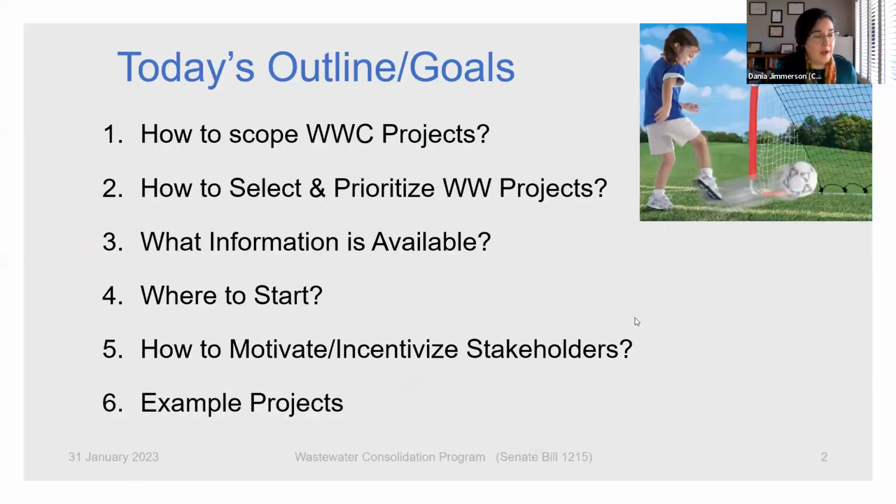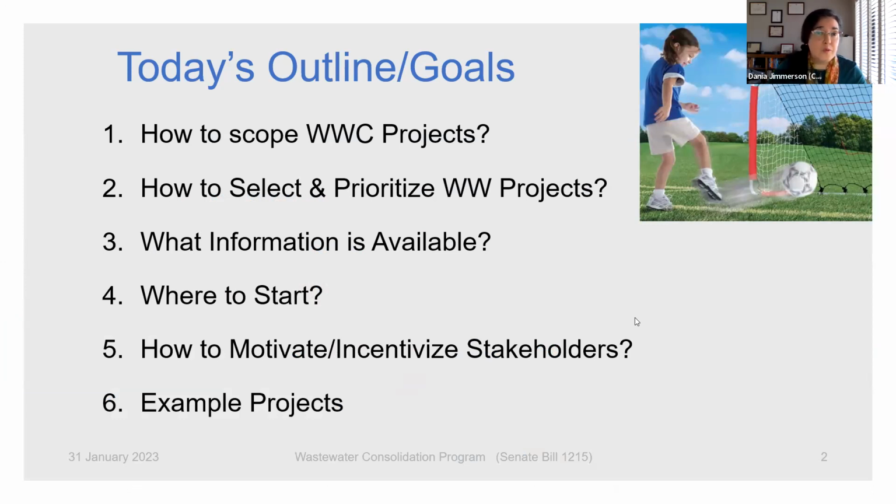Today I would like to describe how to scope wastewater consolidation projects. It's slightly different than what Caitlin presented for the drinking water side, because our resources are very, very different for wastewater consolidation projects, and I will go into a little more detail on that. So the approach is different as well.